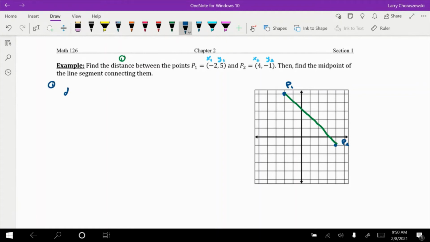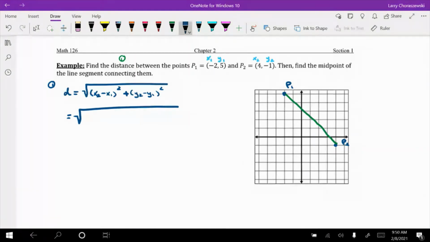So let's do it. D equals square root quantity x2 minus x1 squared plus quantity y2 minus y1 squared. We'll go ahead and substitute. And there might be some extra parentheses that we use due to negative coordinates.